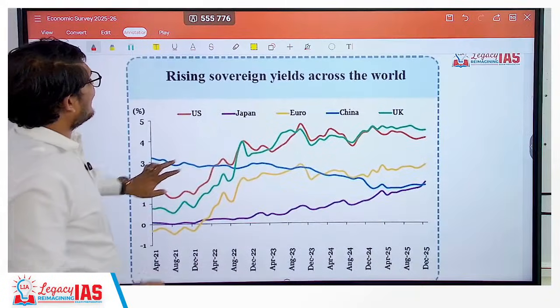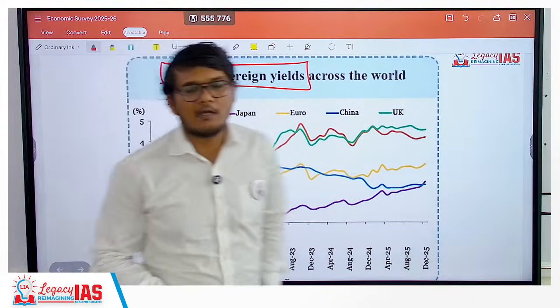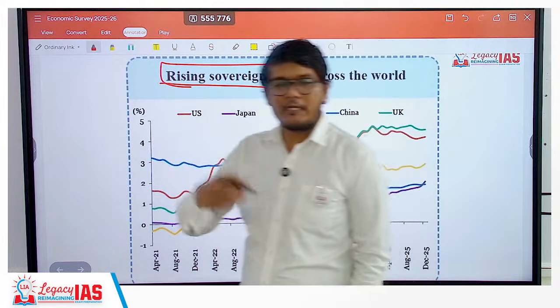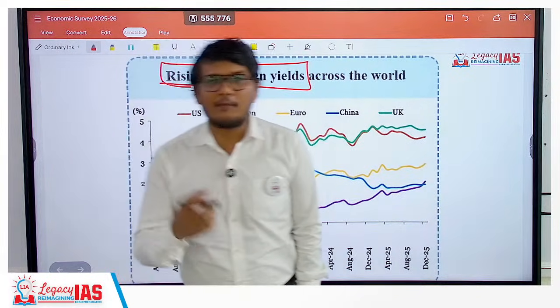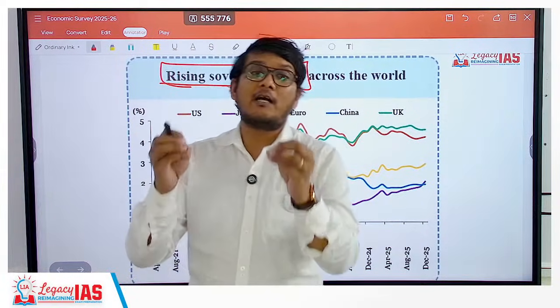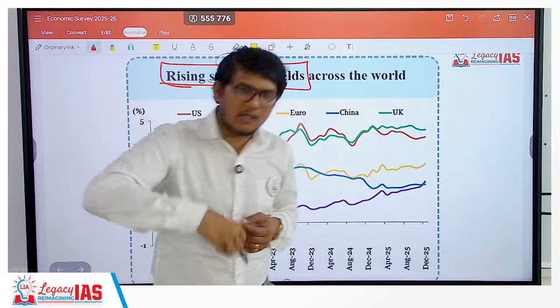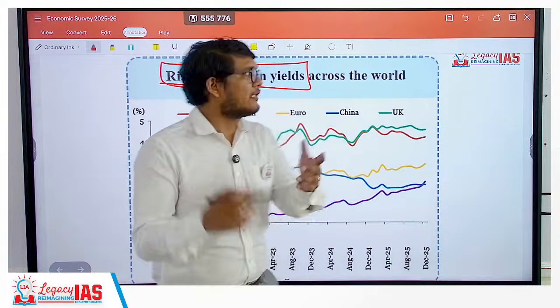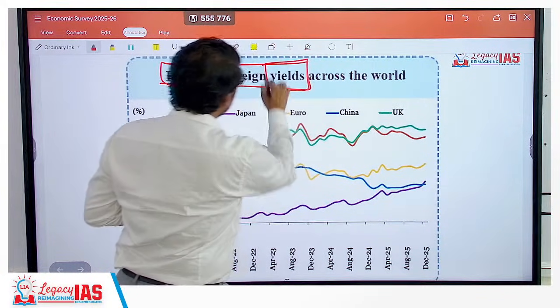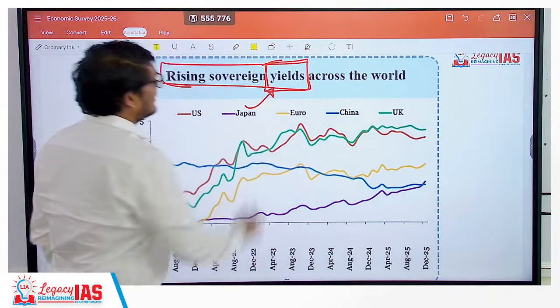Now this is again very important, rising sovereign yields. Now what are sovereign yields? The government also borrows money from the market. To borrow money from the market, the government issues government securities, including the government bonds known as the sovereign bonds. Now the return that you earn on that bond is known as the yield of that bond. Right? Now what has happened is the yield of that bond has increased.